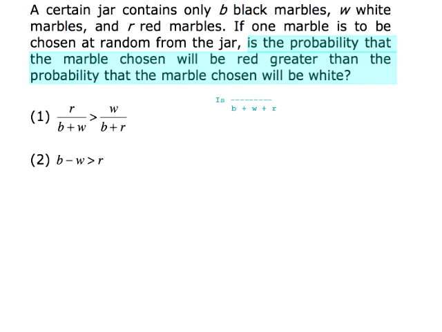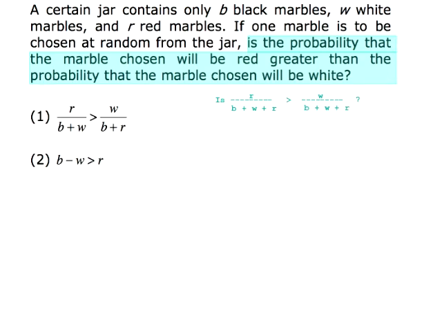Probability being greater of one or the other is the same as having more of those. If you write this expression out, you can pretty much see right away that you can multiply out that denominator. Even if you don't think of it right away, it's one of those smack-yourself-in-the-head sort of things.